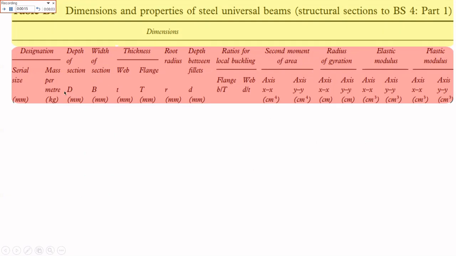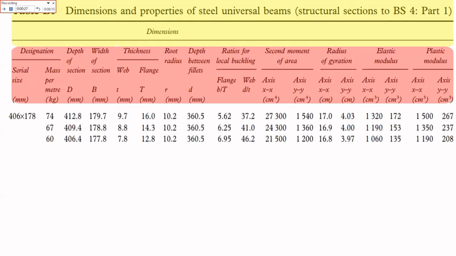However, the dimensions of the beam are given in millimeters. So the first row here, we have the serial size. So I've taken the next factor of the beam, and remember our plastic modulus is 1,118. So when you're designing, you check for the beam whose plastic modulus is slightly higher than the required plastic modulus.